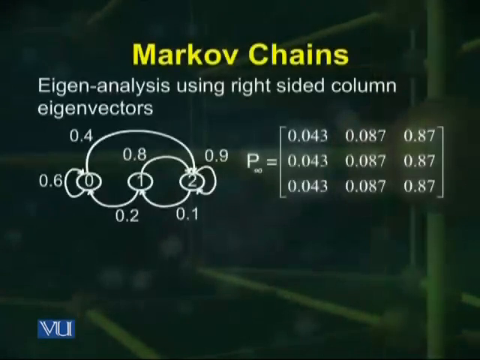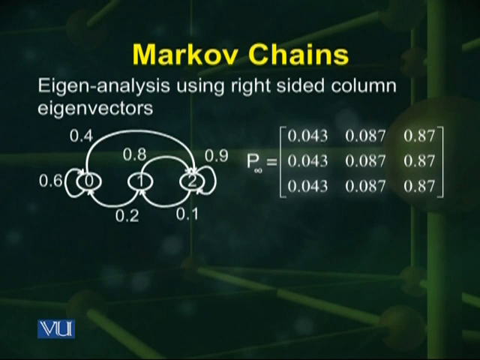If we take this P and apply diagonalization using the right-sided eigenanalysis, even though we are supposed to apply the left-sided eigenanalysis, I will start with the traditional right-sided column-type eigenvectors based eigenanalysis. So if we take that P, I have written this P infinity for reference on your slide so that you know to which value this is supposed to converge.